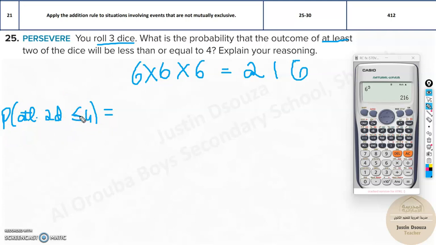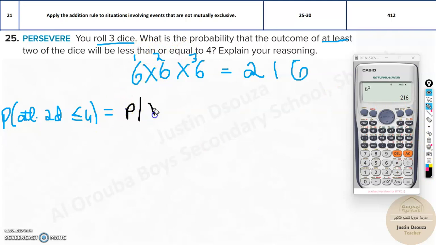What does it mean? There are 3 dice, right? One, two, three. So either first and the second dice will be less than or equal to 4, or first and third, or second and third, or all the 3 also can be less than or equal to 4, isn't it? So let's write that.